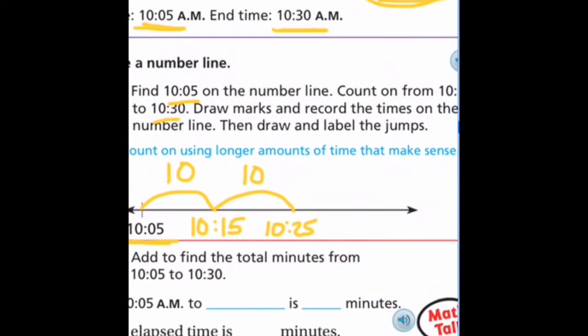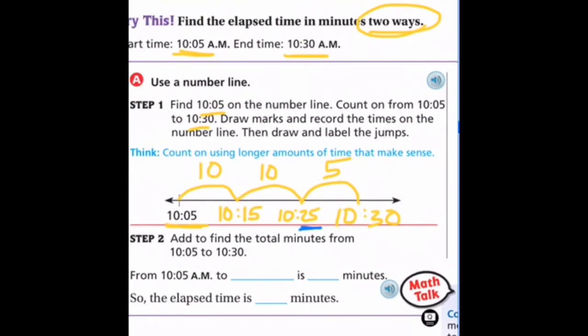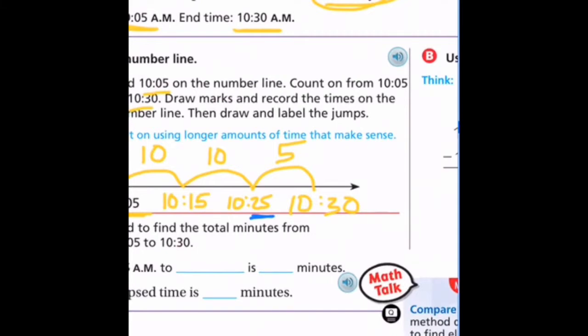What was my ending time? Oh, 10:30. So I can't do 10 more because that would be 25 plus 10 is 35, and I only need to go to 10:30. So here's 10:30. And from 25 to 30 is 5 minutes. Okay? So I add up the numbers in yellow. 10 plus 10 plus 5, and I get 25 minutes.